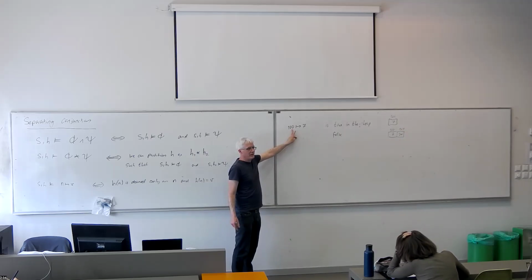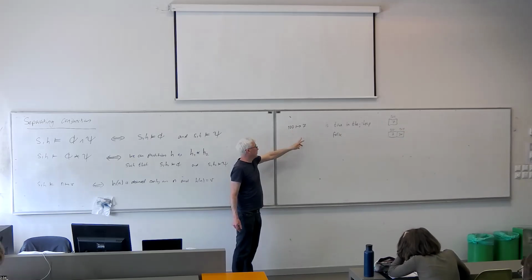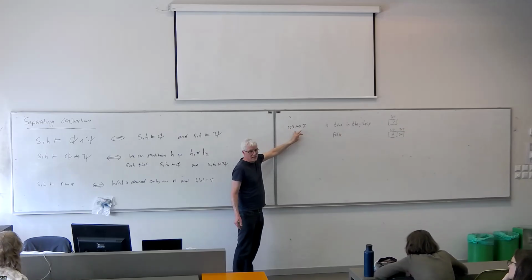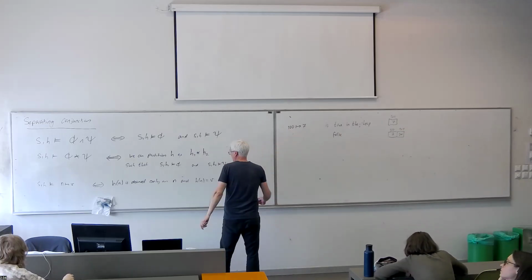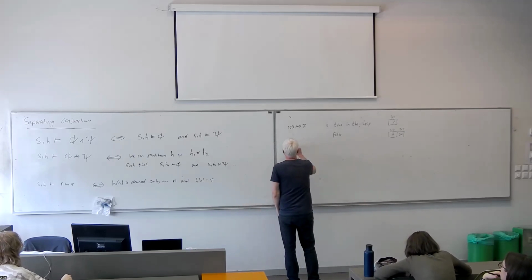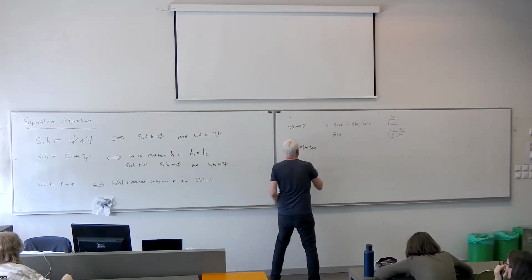And you might say, well, that's a bit restrictive. When are we going to be able to use that? But if we want to say the heap has the value 7 at 100 and other values, we can instead say 100 maps to 7 star true.